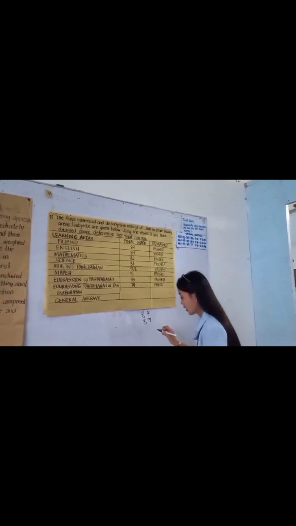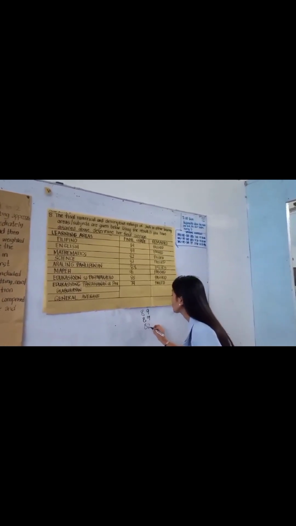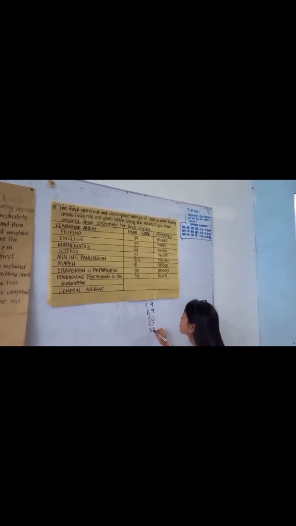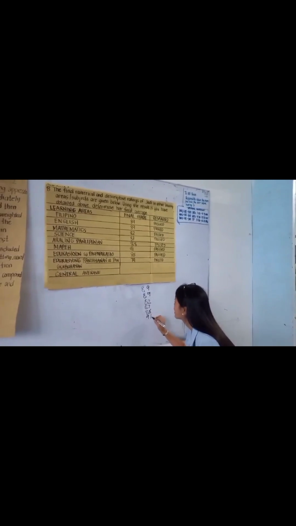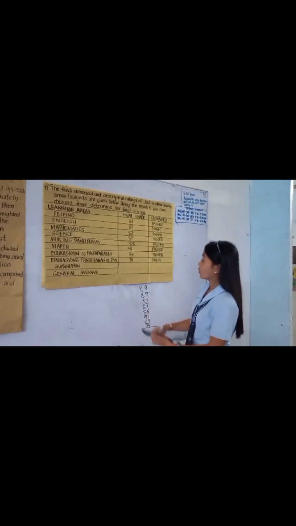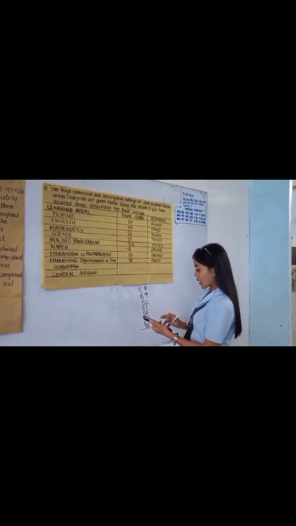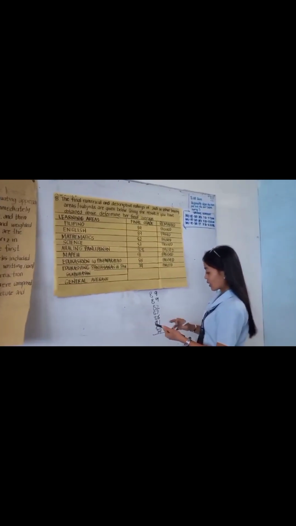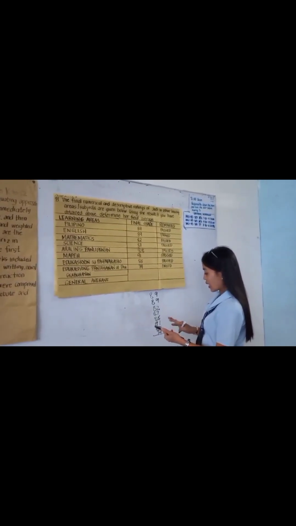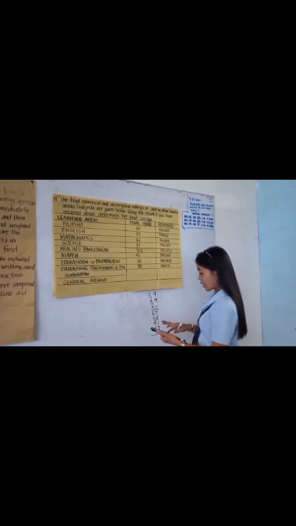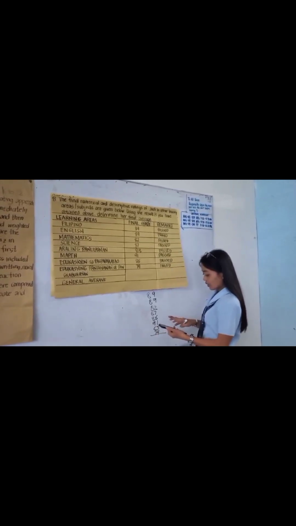So we are going to add all the final grades: 89 plus 89 plus 82 plus 87 plus 88 plus 91 plus 85 and 74.